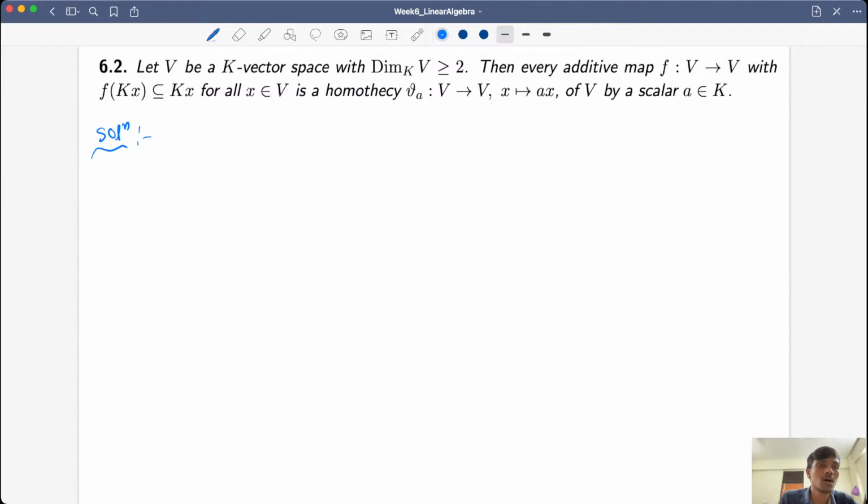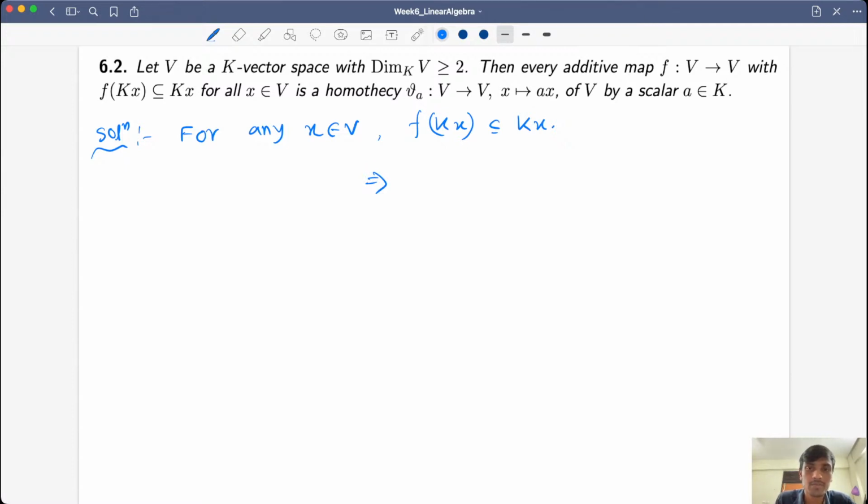So what does that mean? For any x belongs to V, f of kx, which is a subspace of the vector space V, is contained in the subspace kx. What is the general element of this subspace?